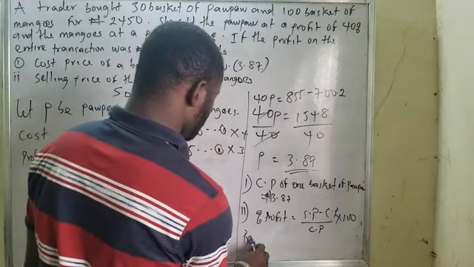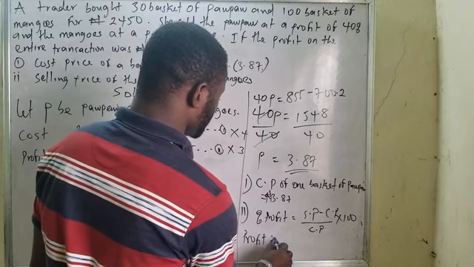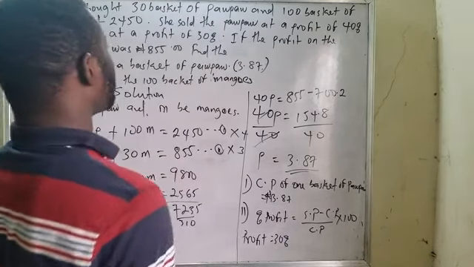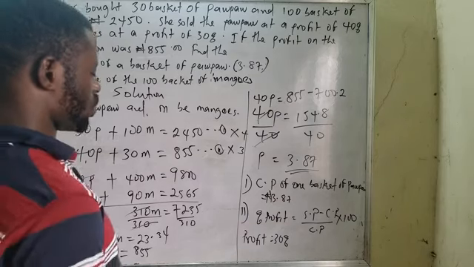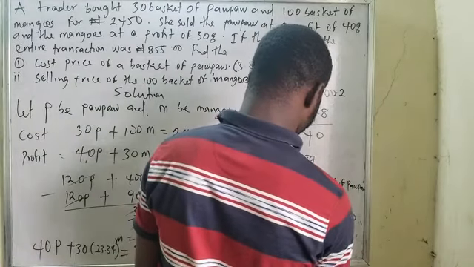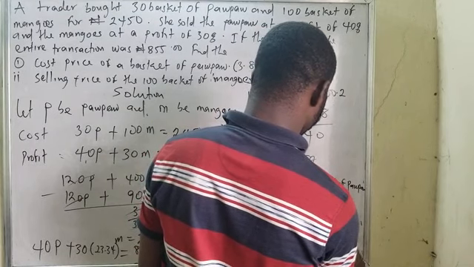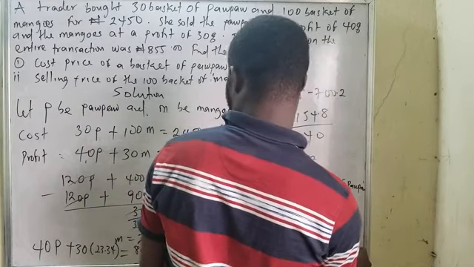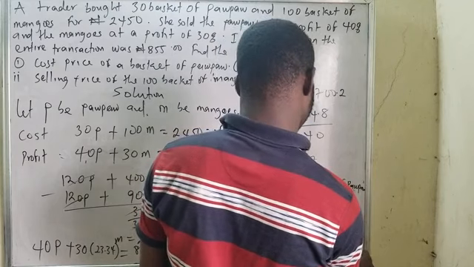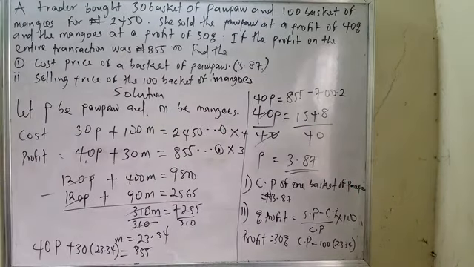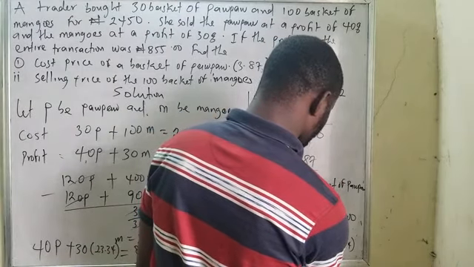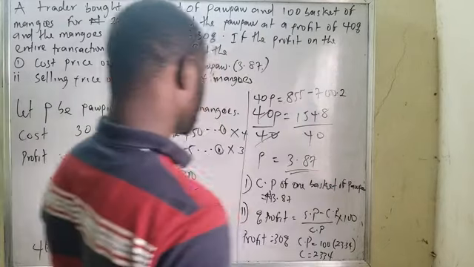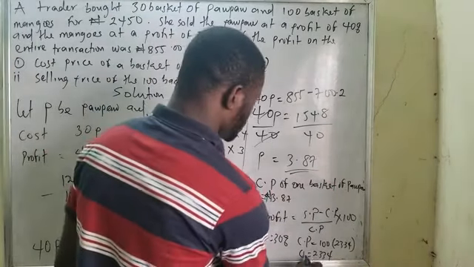Don't forget, percentage profit equals to 30%, and the cost price of the mango will be equals to 100 bracket of 23.34, which is going to be the cost price. It means the cost price will be 2,334. That is the cost price.